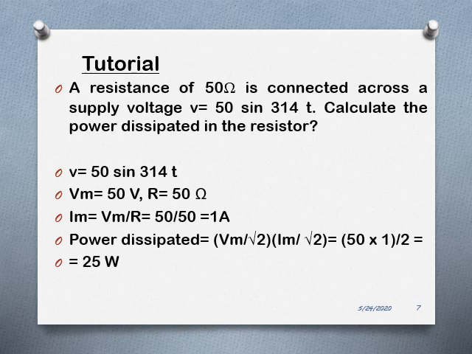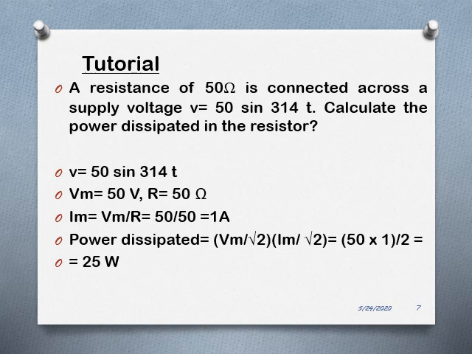So 50 is the Vm and 314 is the omega. In the question, the resistance value is given as 50 ohm. So the equation for the maximum value of current, Im is equal to Vm by R, that is 50 divided by 50, which gives 1 ampere.